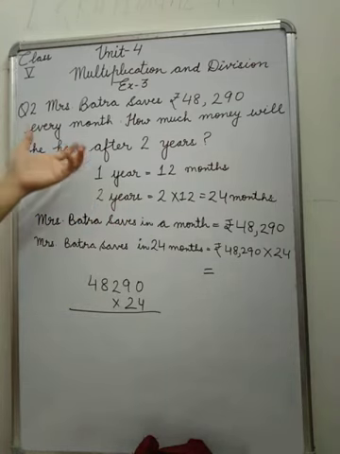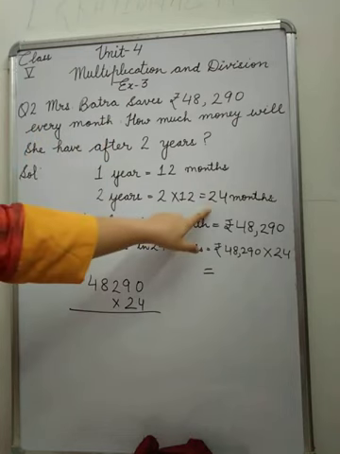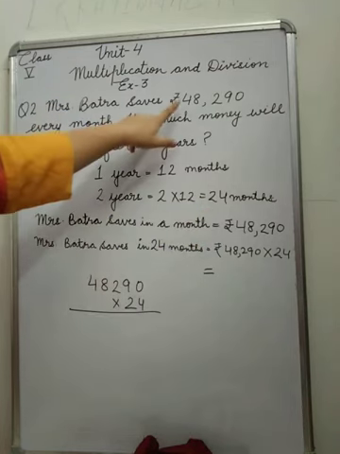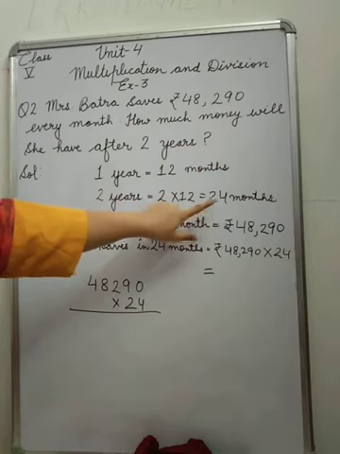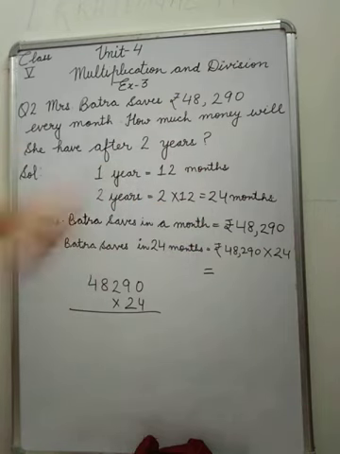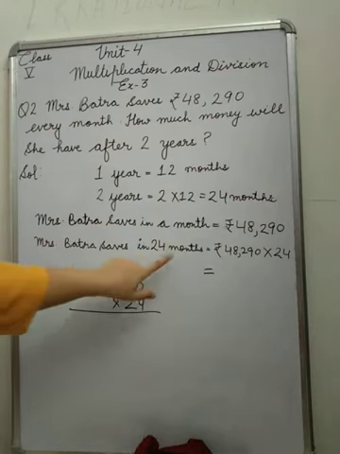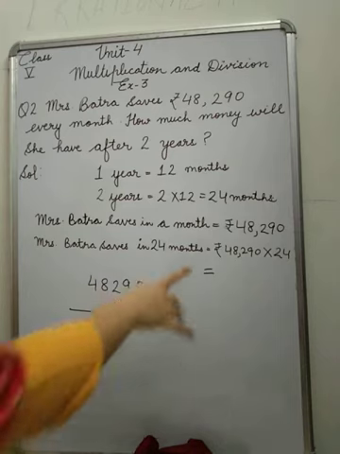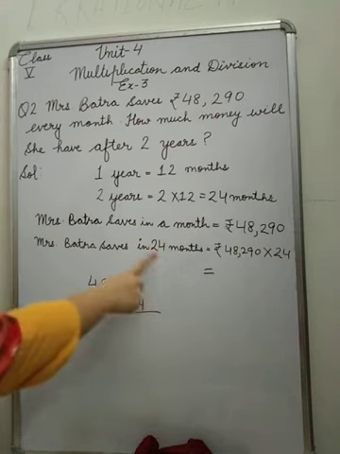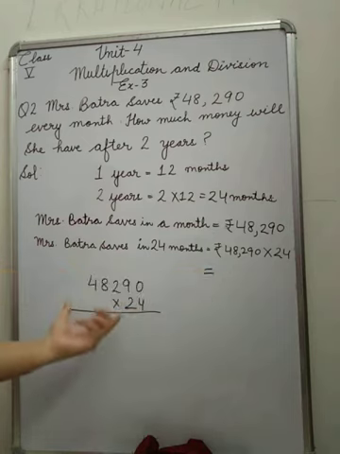So they are asking what she will save in 24 months. If 1 month is this amount, then 24 months means 24 multiplied by this number. Mrs. Batra saves the given amount in a month, so in 24 months you multiply the value of 1 month into 24. Write it here like this.